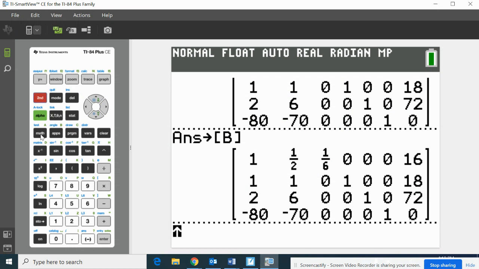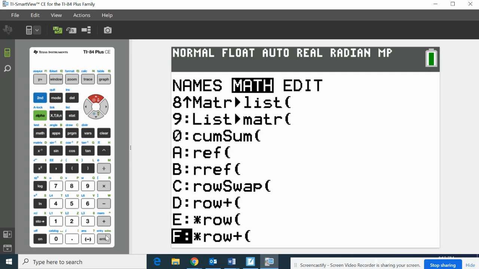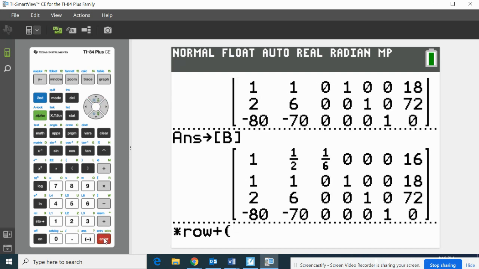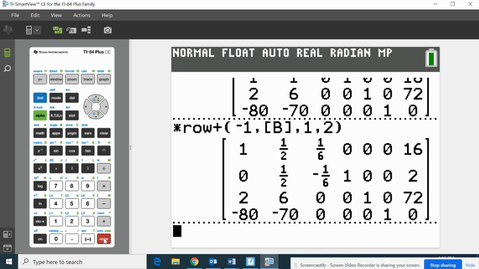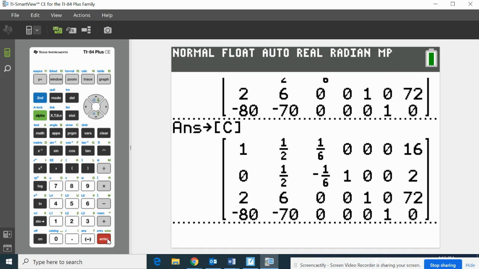So second matrix, math, star row plus. I'm doing -1, comma, second matrix B, comma, use row 1, add it to row 2. And store this guy as matrix C, and enter. All right, now I can write down my second row into my tableau.